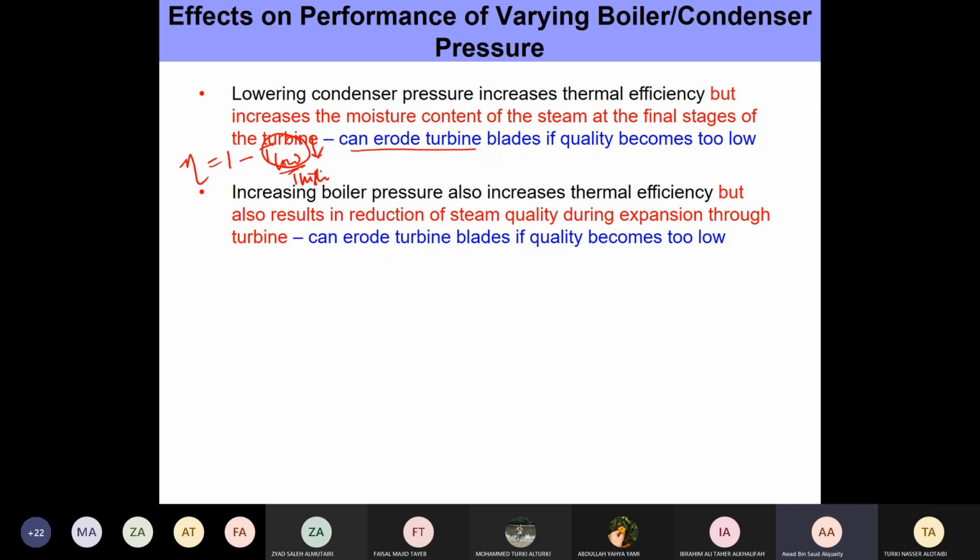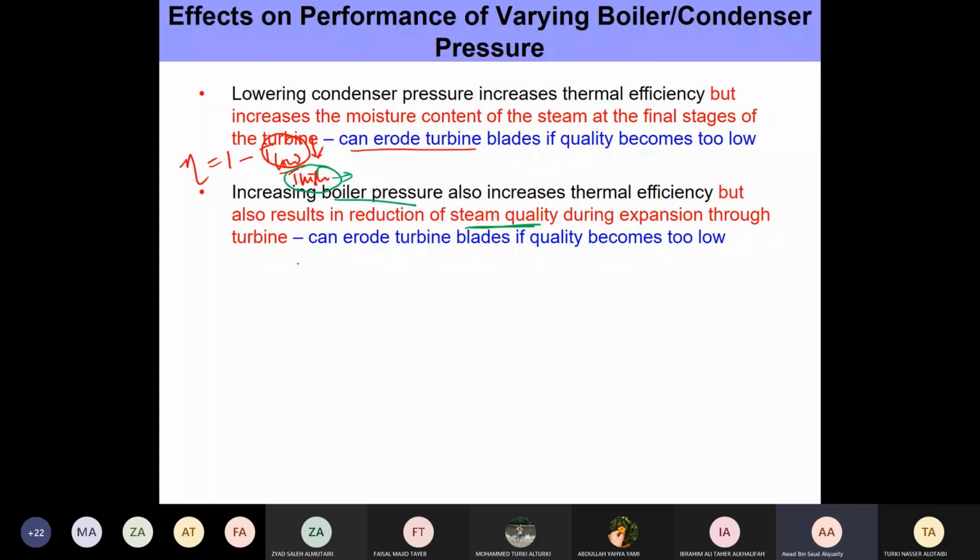Similarly, the other option is to increase the temperature of heat addition, which we could achieve by increasing boiler pressure. This also increases the thermal efficiency, but there's also an upper limit here, again dictated by the steam quality during expansion.